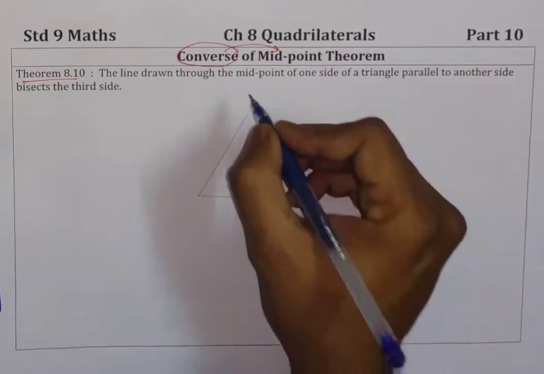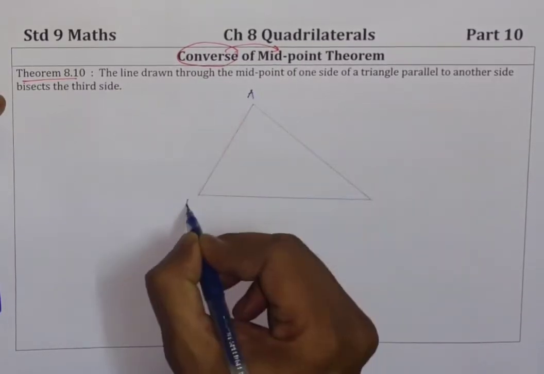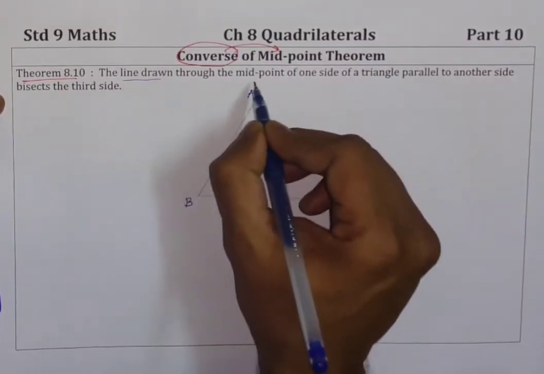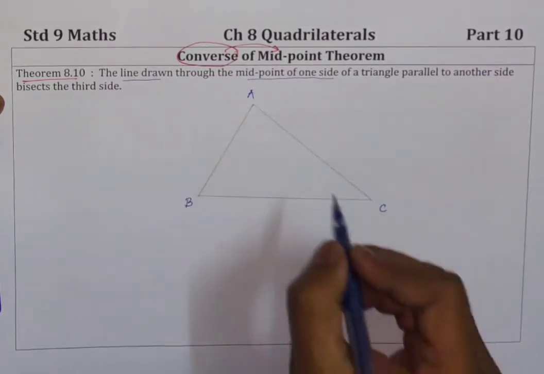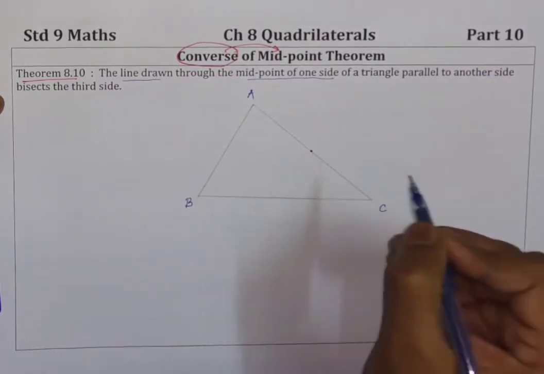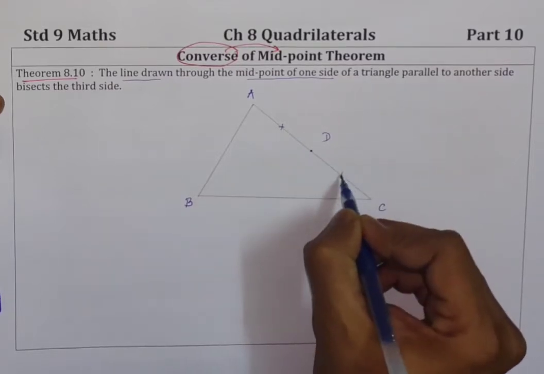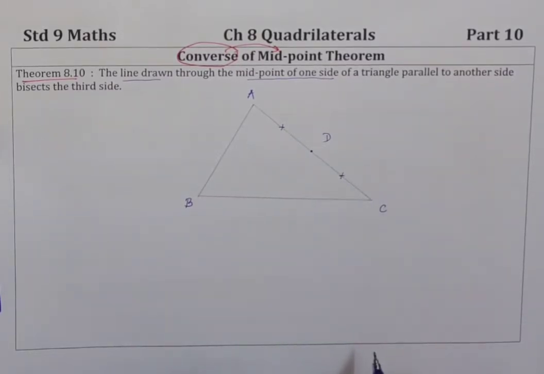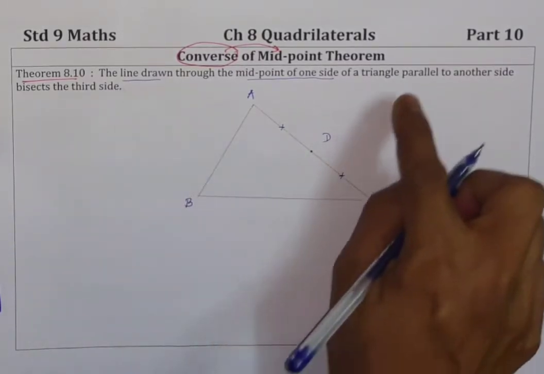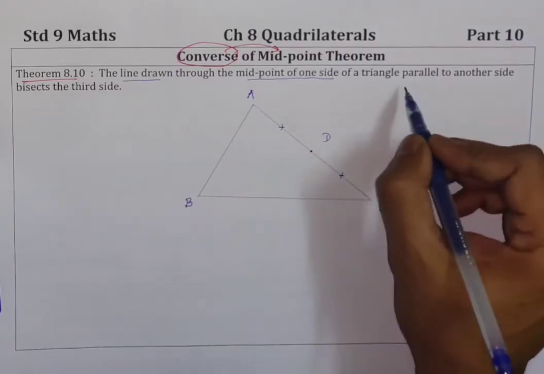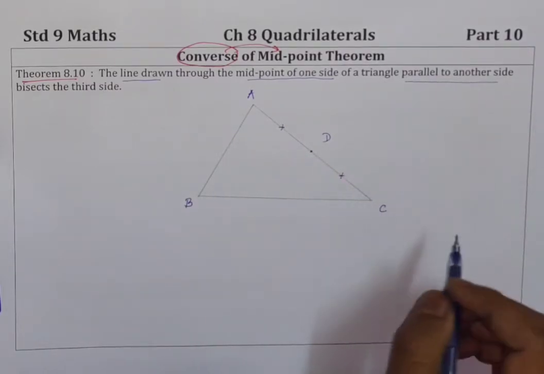Let's try to understand. Suppose this is triangle ABC. A line drawn through the midpoint of one side. Let's take AC. Suppose D is its midpoint. So AD equal to CD. A line drawn through the midpoint, parallel to the other side.